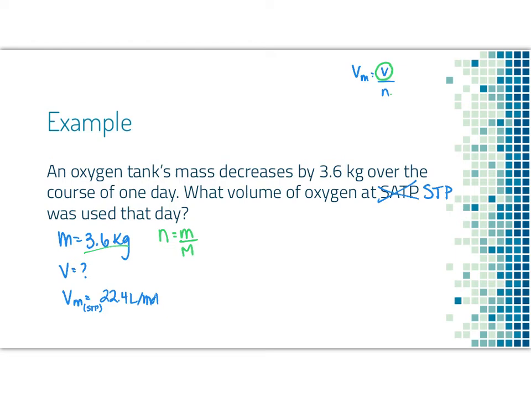Let's write the formula for oxygen, and we're going to calculate its molar mass. Remember, oxygen is diatomic, so it's always coming in twos. Therefore, the molar mass of oxygen is 2 times the molar mass of one oxygen atom, which is 16.00 grams per mole. Therefore, we're going to get a molar mass of 32.00 grams per mole for oxygen.